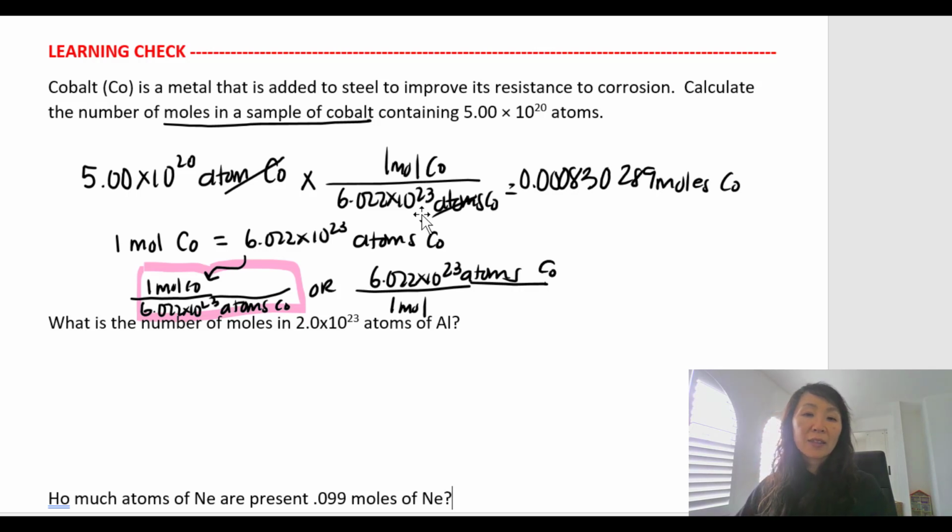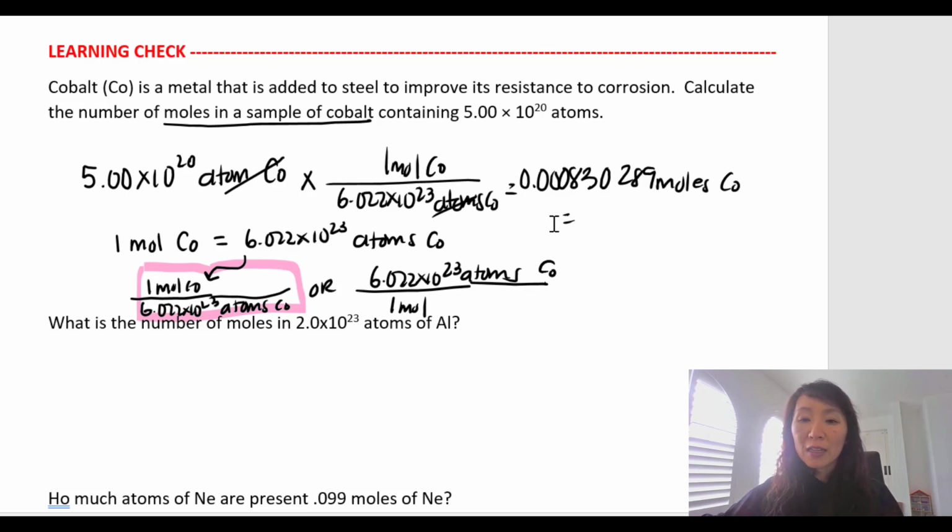If you look at the significant figures on the starting value, you see that there are 3 in 5.00. The times 10 to the 20th does not count as part of the sig figs, nor do the 1 mole and the Avogadro number, because that's an equality with infinitely many sig figs. So you look at the problem itself, which has 3 sig figs, so my answer should have 3 sig figs.